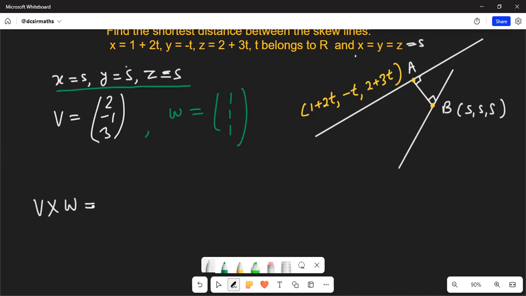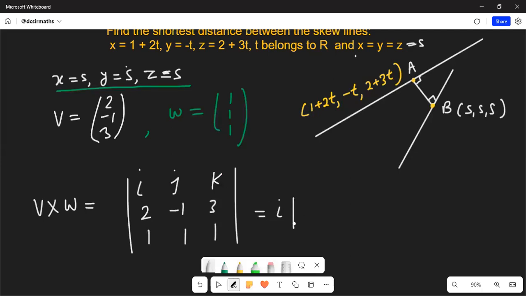Let's find V cross W first. For that, we write i, j, k, and the coefficients here, 2, -1, 3, and up here 1, 1, 1. So to solve this, I take i times, take away its row and column: -1, 3, 1, 1.